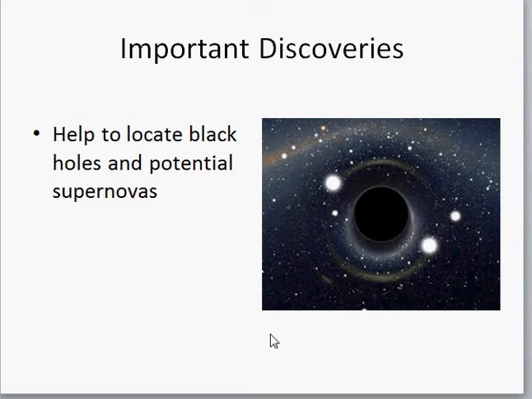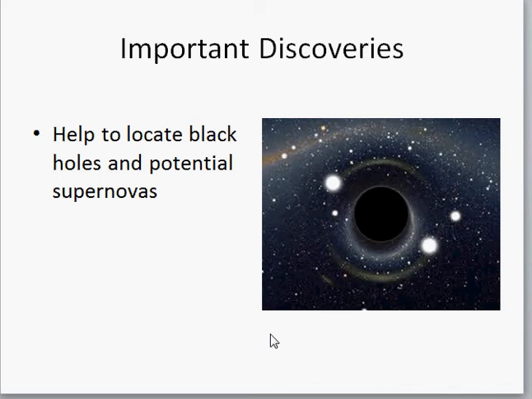Now, unlike the optical telescope, which relies wholly on light waves to be able to make an image or to be viewed, radio telescopes rely on radio waves. And in space, there are a lot of objects which aren't visible because they don't emit any light, so it's impossible for us to see them, such as black holes, but they do emit radio waves.